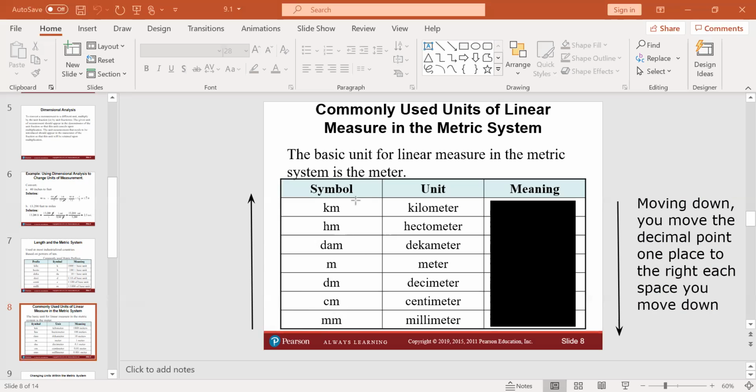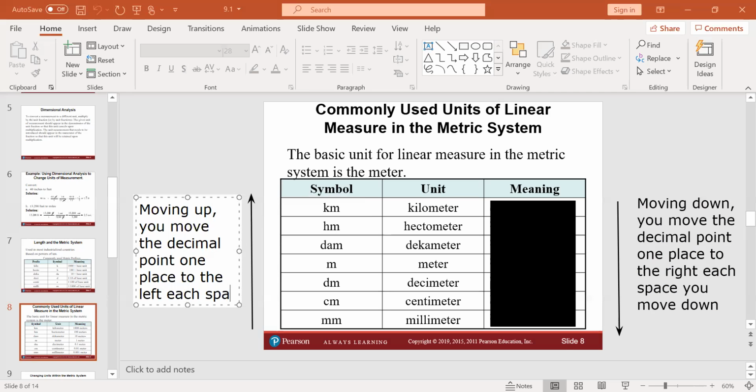You start with a millimeter and move up to kilometers, and your number is actually going to get smaller by factors of 10. But it makes sense, because a millimeter is so tiny, to express it in kilometers you'd want an even tinier number, because kilometers are supposed to be large. So if you move up this bad boy, moving up, you move the decimal point one place to the left for each space you move up.